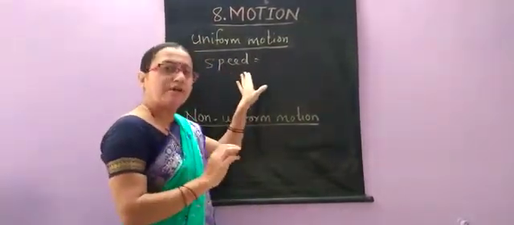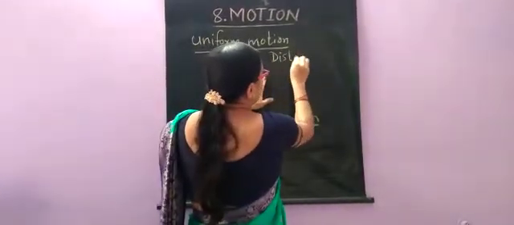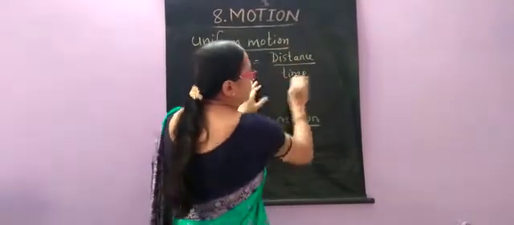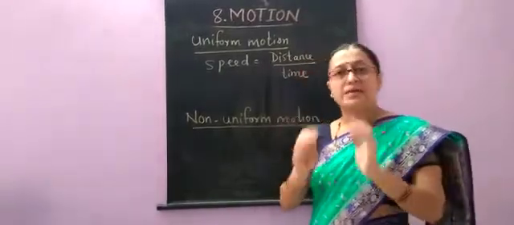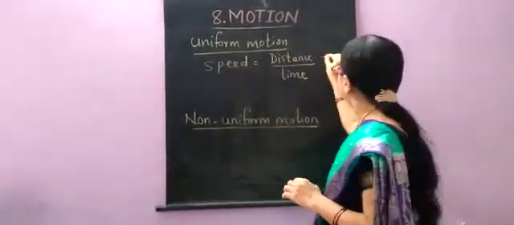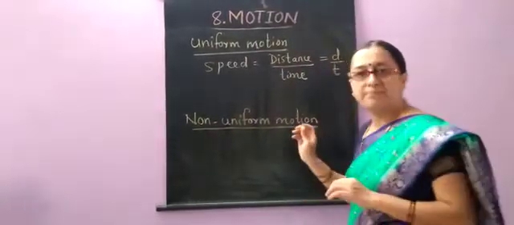Speed of an object is calculated by distance traveled in unit time. How much distance is traveled by an object in a particular time is given by the speed of the object. It is calculated as distance traveled per unit time.